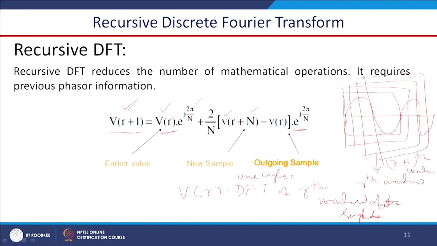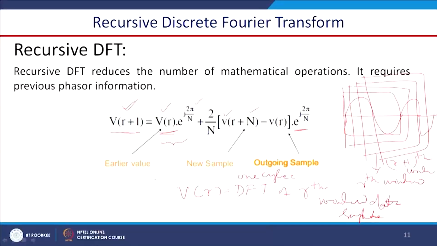Now, this rth window data sample DFT is capital VR into this e to the j 2 pi by n. Why this j 2 pi by n? Between the two windows, the angle difference is how much? 2 pi by n, that is 18 degrees, if we take n as 20 samples per cycle.